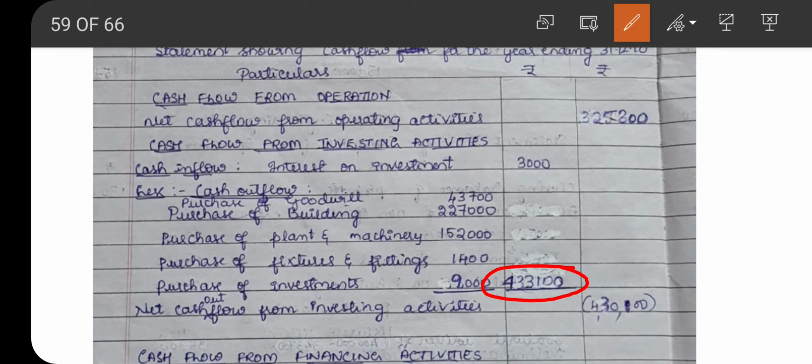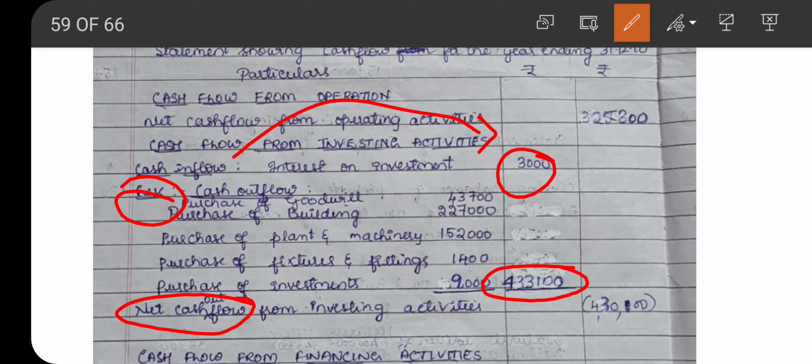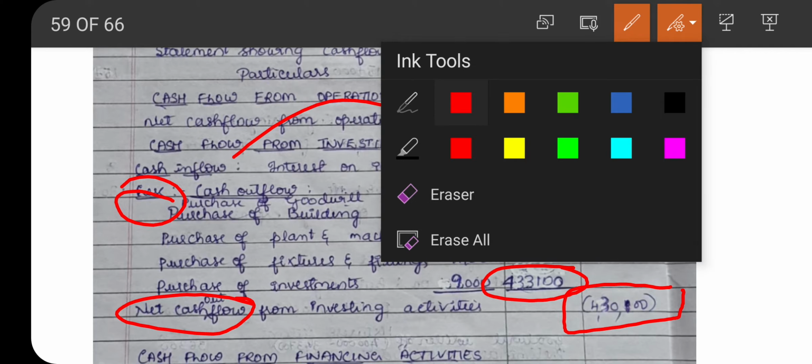Now to calculate net cash flow, you need to deduct the outflow from the inflow. So cash inflow 3,000 less cash outflow of 4,33,100. So here we are getting a negative amount, that is 4,30,100. That is net cash outflow from investing activities.